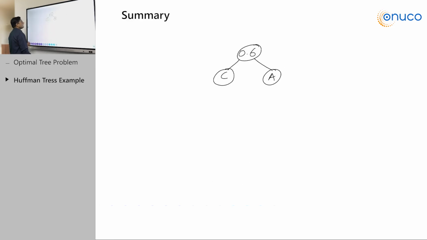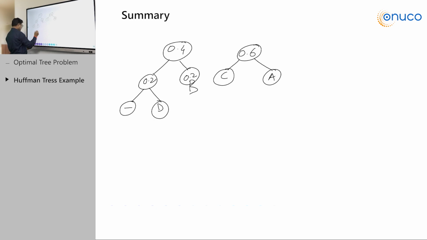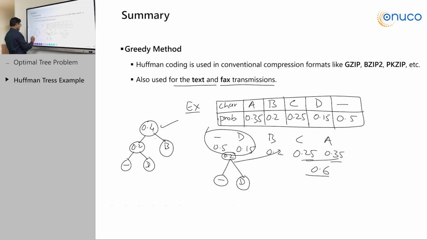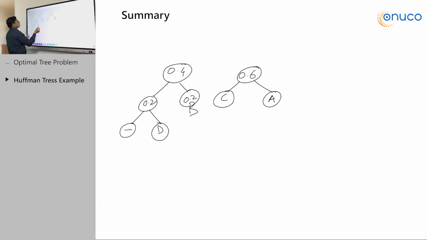So 0.4 will be on the left hand side, and all its values will be in this part: B, hyphen and D. Now for the Huffman tree, one step is pending: we join them, and here we have a probability of 1.